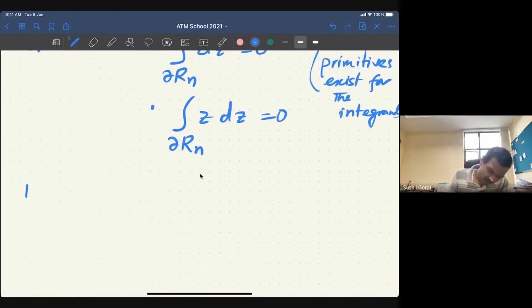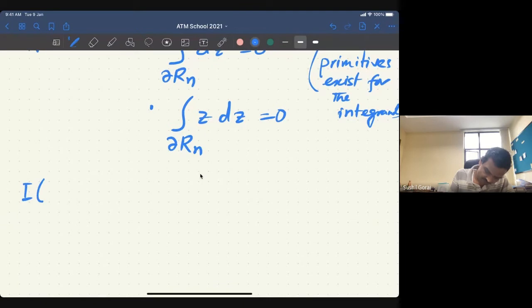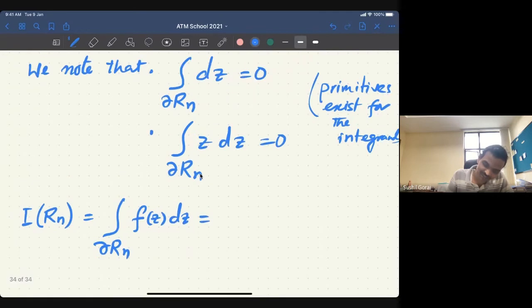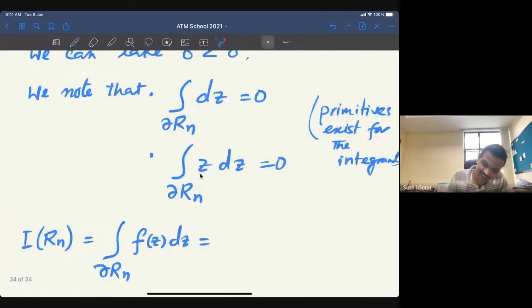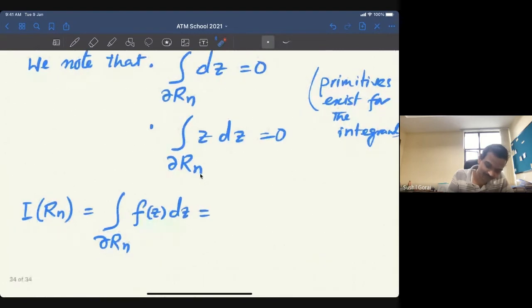Now look at I Rn. This is nothing but the integration over del Rn of f z dz, and since we have this 2, we can add a few things.